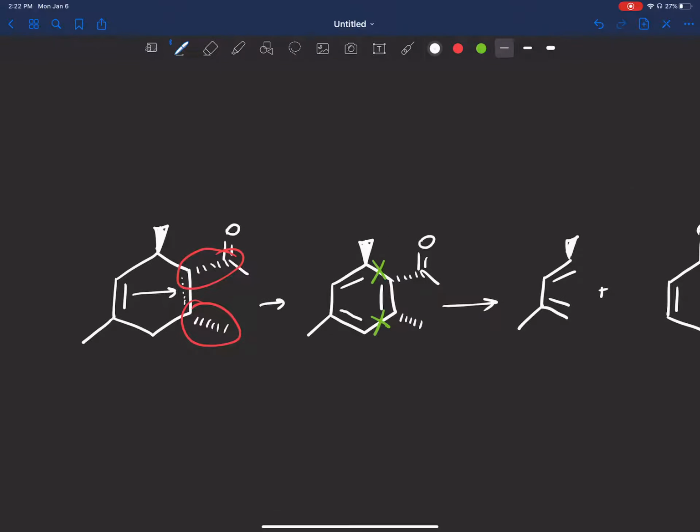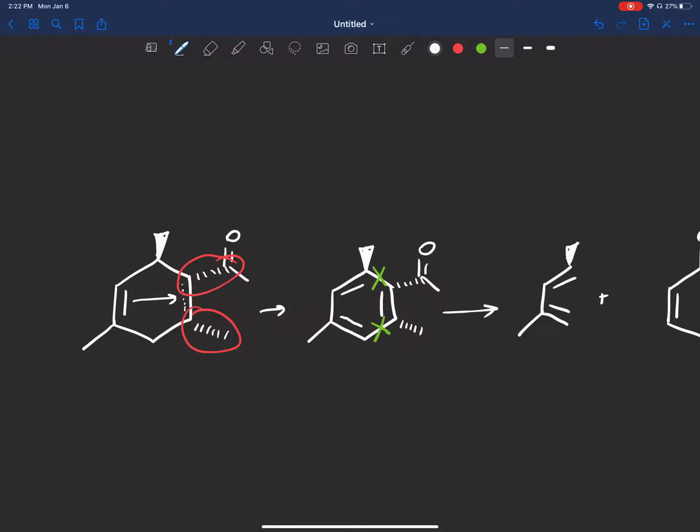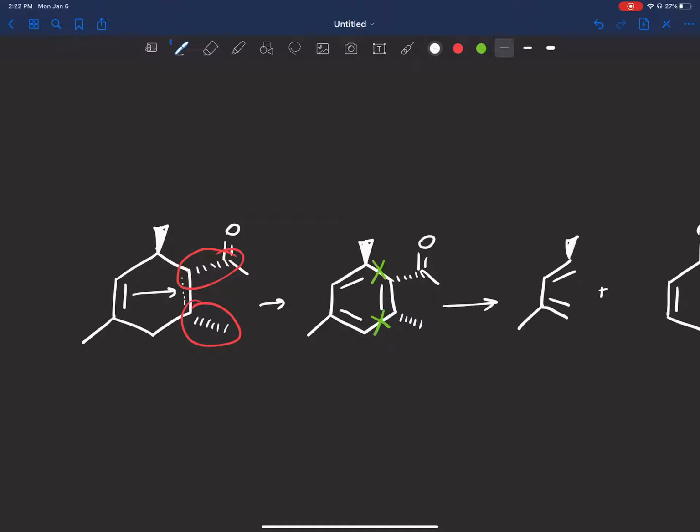What about the diene? If you look, remember, we want these trans groups on our diene, these two groups, to be the same side as the electron withdrawing group. In this case, we had this wedge methyl, and it was opposite stereochem of the withdrawing group.